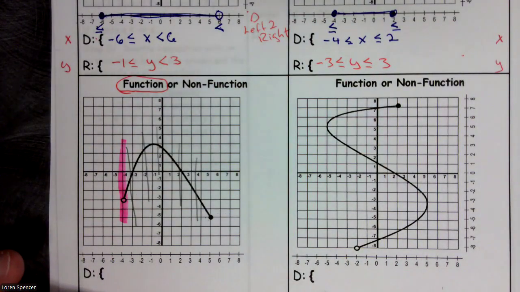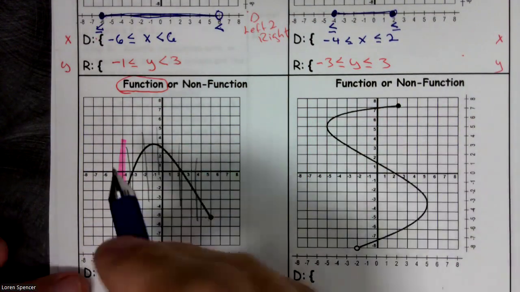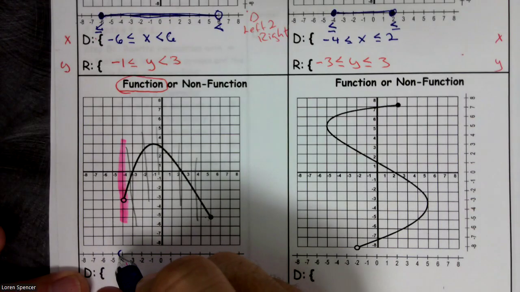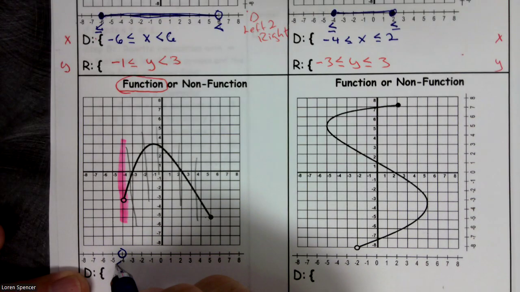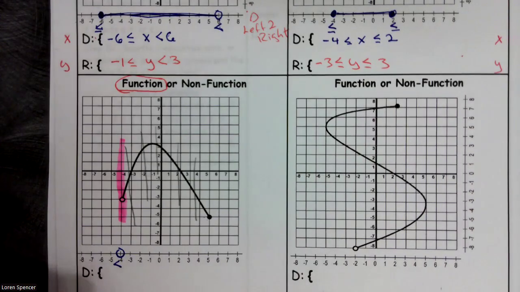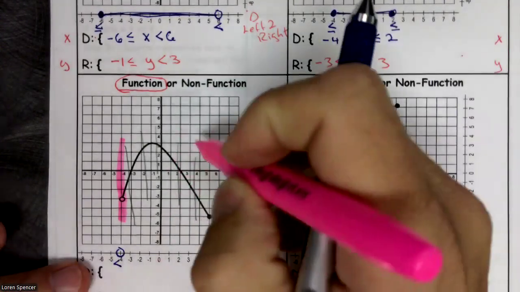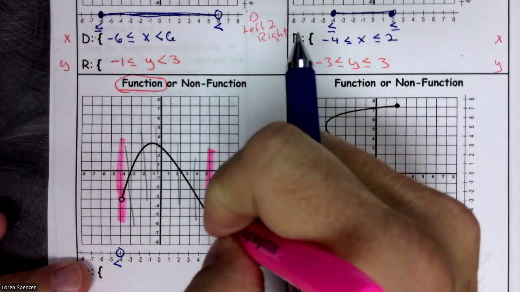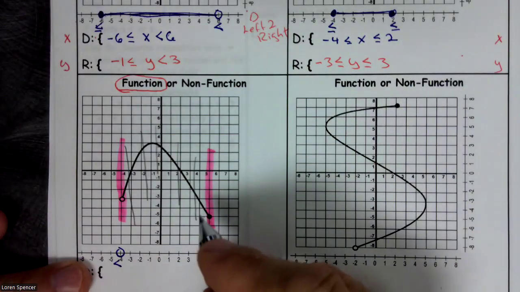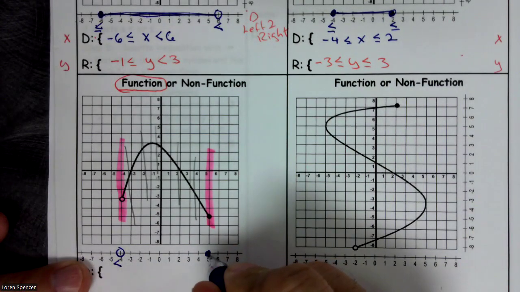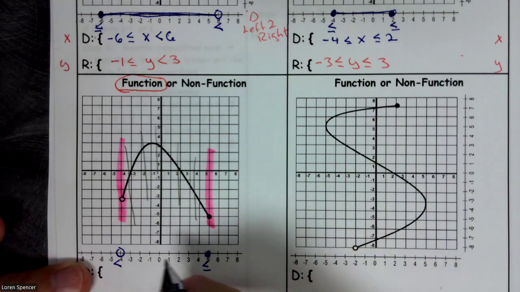That's at -4. So I need to mark -4 on the graph, and this is a hollow. Because it's a hollow, it gets a less than symbol. Furthest to the right is at 5. 5 is a solid, so it gets a less than or equal to.